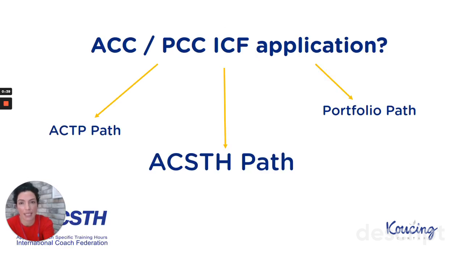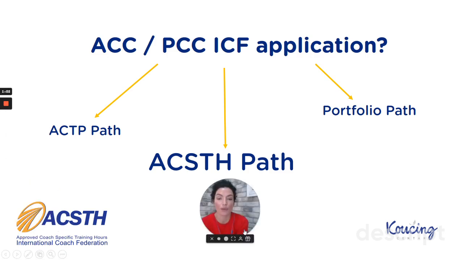application for PCC level. But before diving into details, I just wanted to inform you that whether you are applying for an ACC or PCC ICF application, there are three possible ways of doing this. They're called paths. The first path is called the ACTP path.